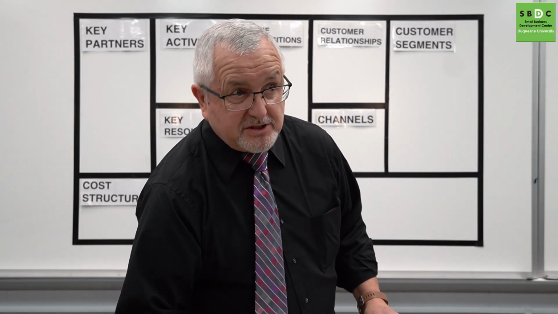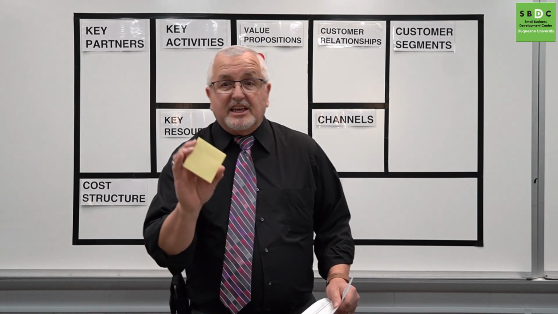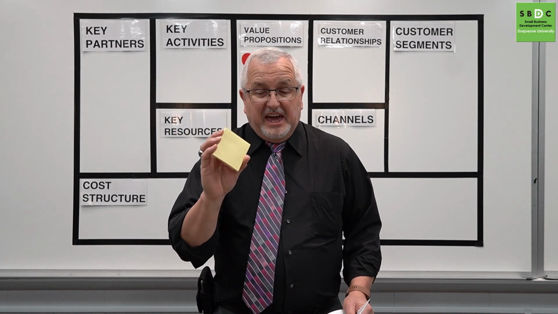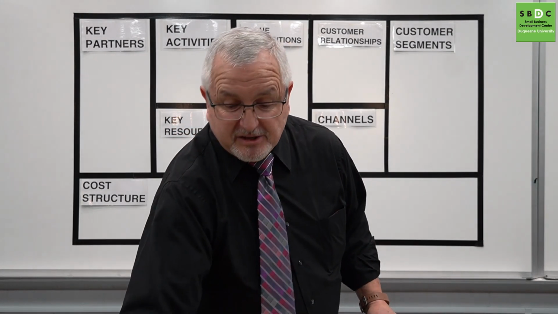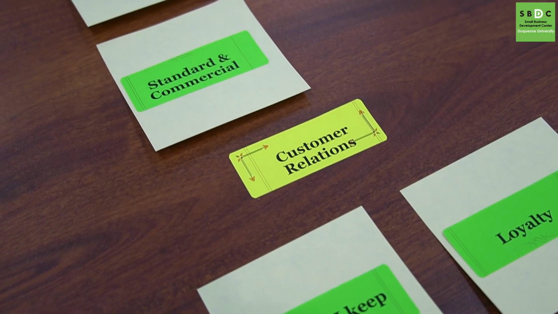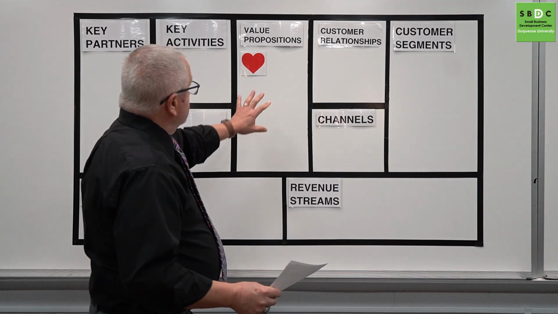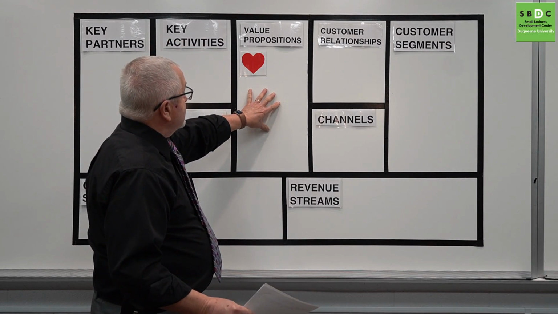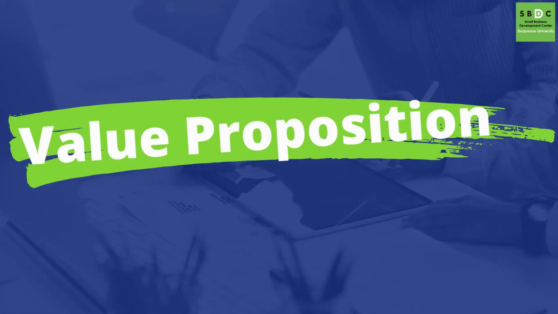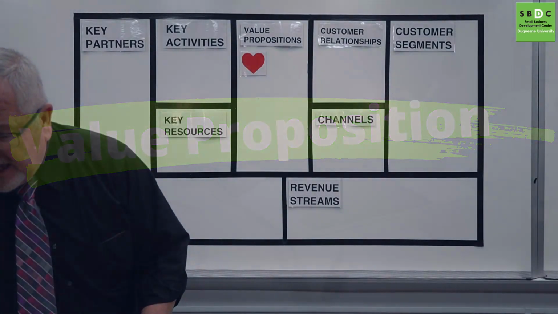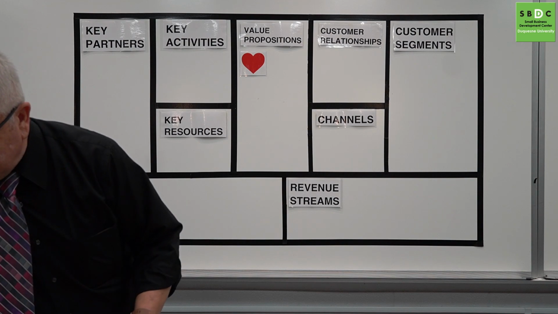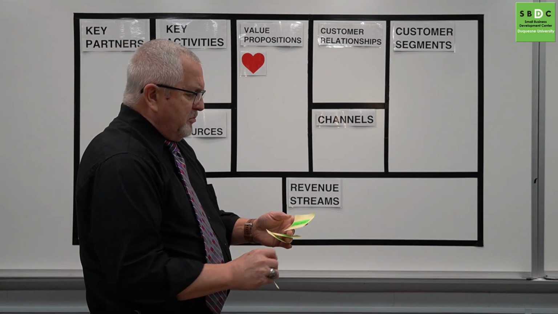I'd like to start with the most important tool that you're going to use while you're using the Business Model Canvas, and that's Post-it notes. I'm going to use some today that are already printed up just for expediency's sake. The heart of the Business Model Canvas is the value proposition. As an example of a business, we're going to use lawnmower repair.